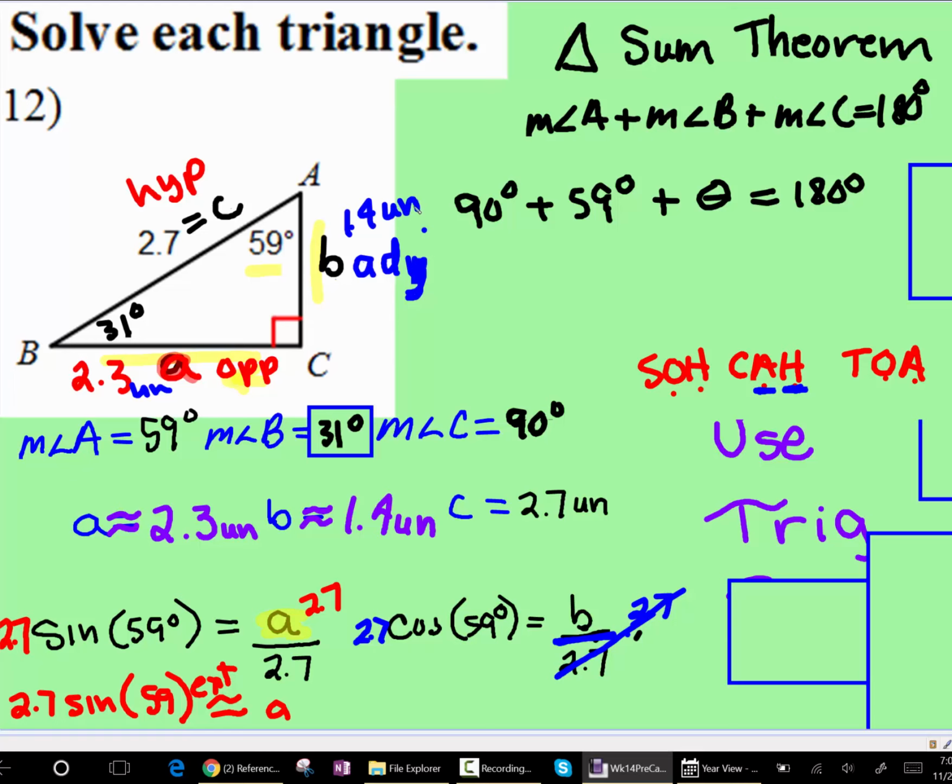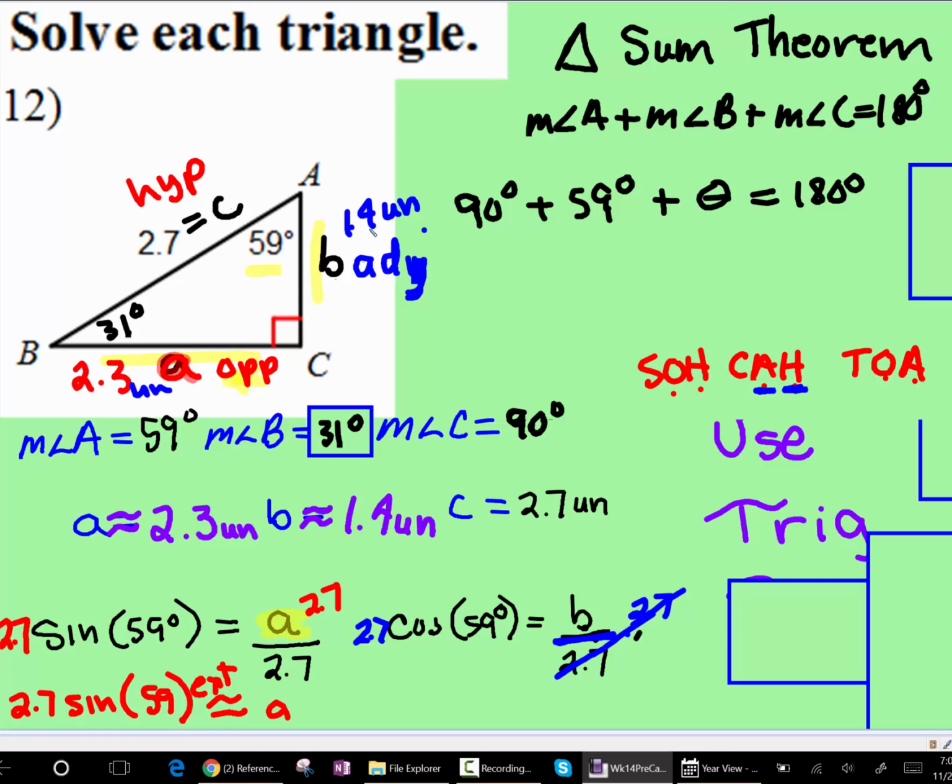And then you could check in your calculator. 1.4 squared plus 2.3 squared is 7.25. Now we just have to take the square root of that.